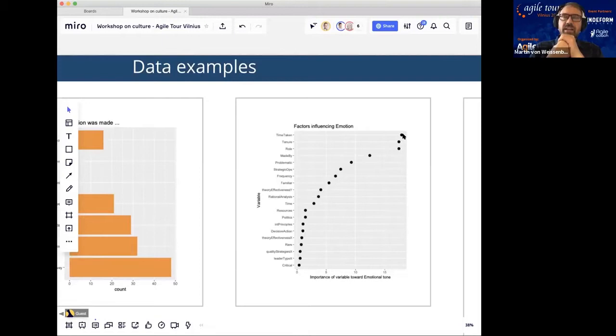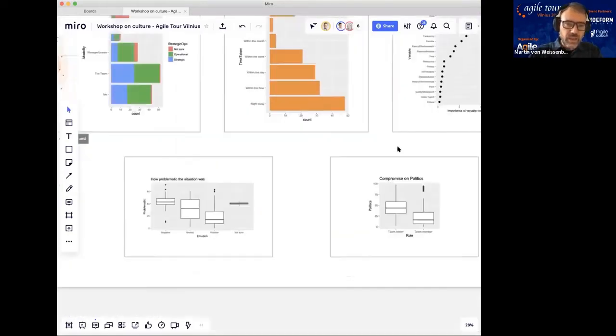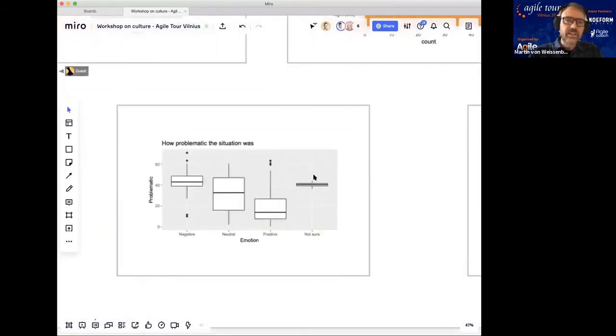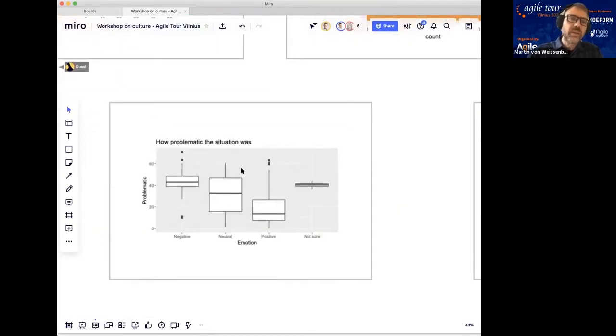Tenure has a negative impact. So people who have been longer at the company tend to have more negative stories. That's an interesting fact that we can look at. Role happens to have a positive impact, and so on. And we also find things like, this is yet another customer, the emotion, negative, neutral, and positive, and you can see in what way it correlates with how problematic a situation is.